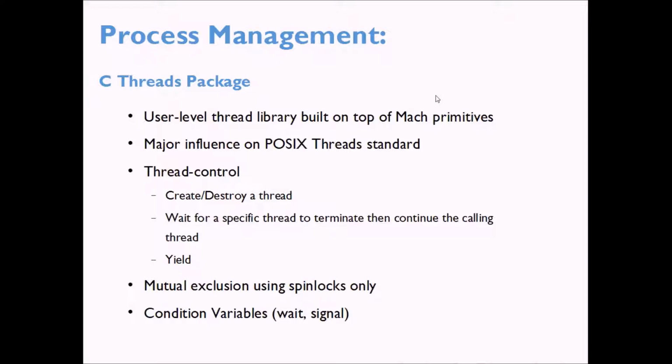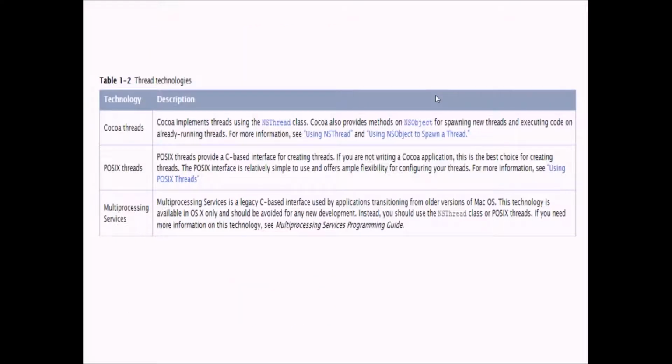Yield means we have to wait first and then go. Mutual exclusion using spin locks is also included in process management. Condition variables like wait and signal, which is semaphore functionality, are also contained in process management.